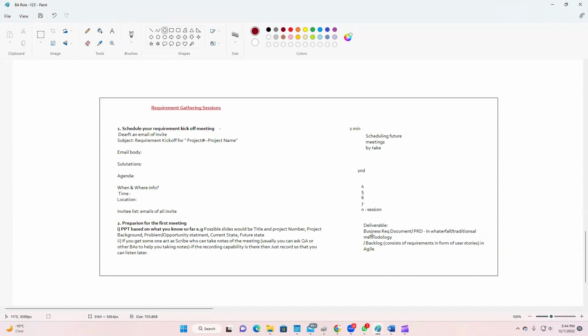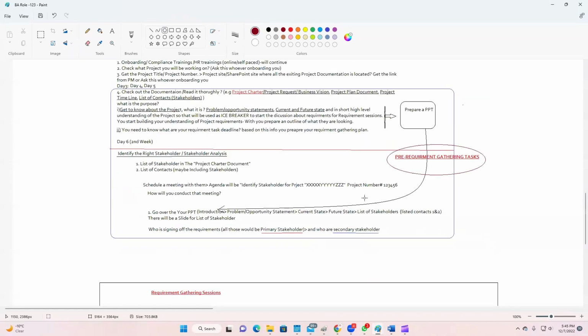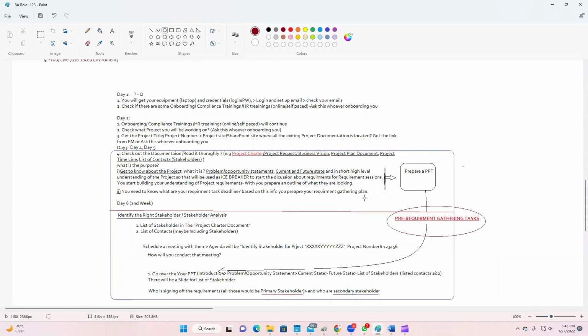Either you have a business requirement or project requirement document template, or if it's agile, then you would create a backlog, a list of requirements in the form of user stories. That's what we discussed so far in our training.